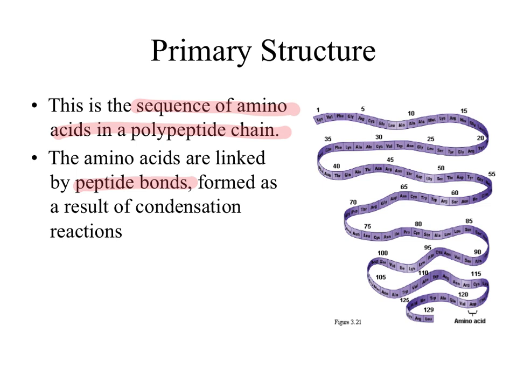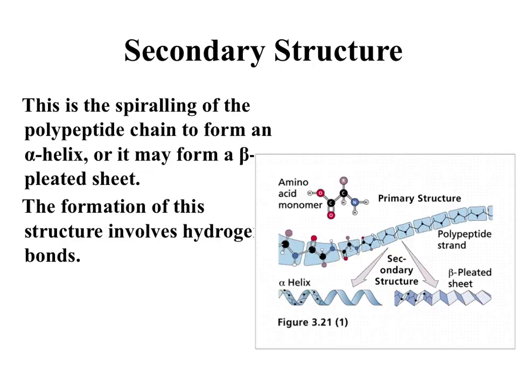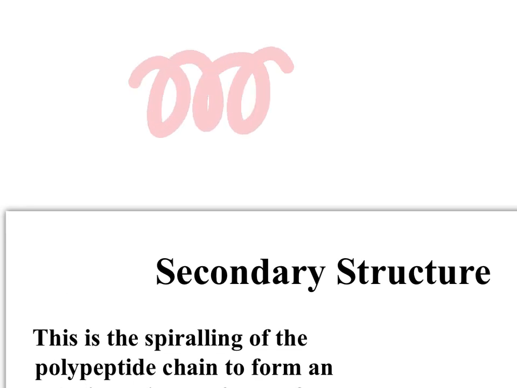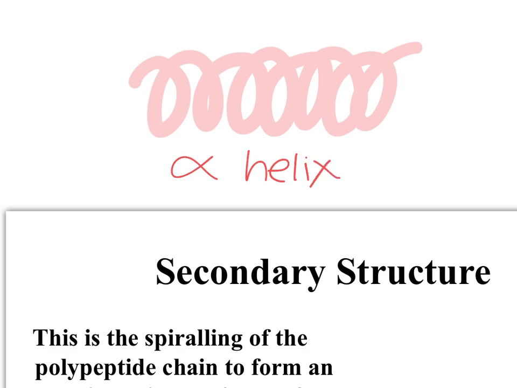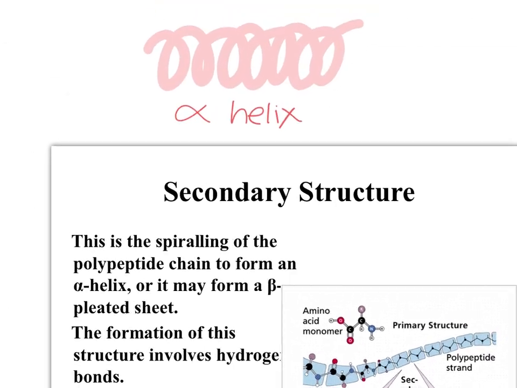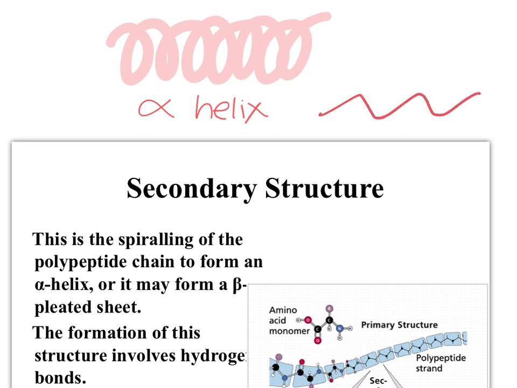So primary structure is simply the order of the amino acids, but because some of those will be attracted to each other, some of them will form this kind of coil shape, and that's described as an alpha helix. And some of them will take on this kind of zigzaggy shape, which is called a beta pleated sheet.